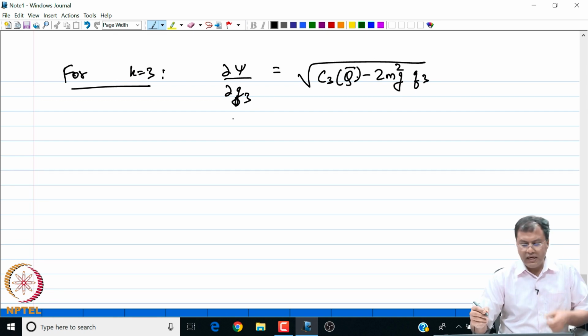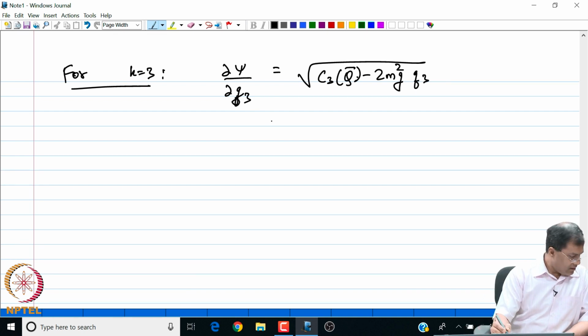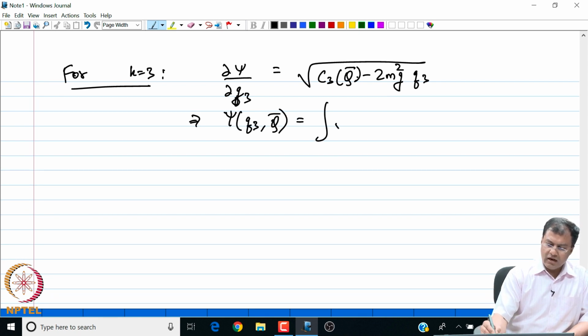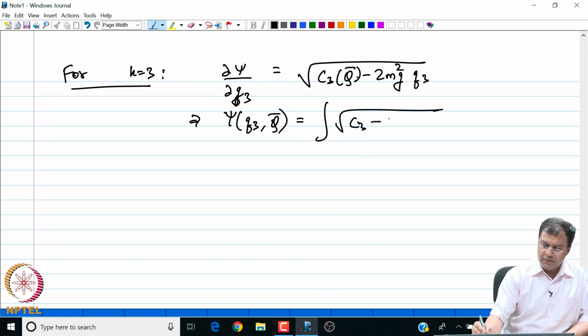Now I have to integrate this equation. I have to find psi as a function of q3 comma q bar, which is the integral of this expression with respect to q3.